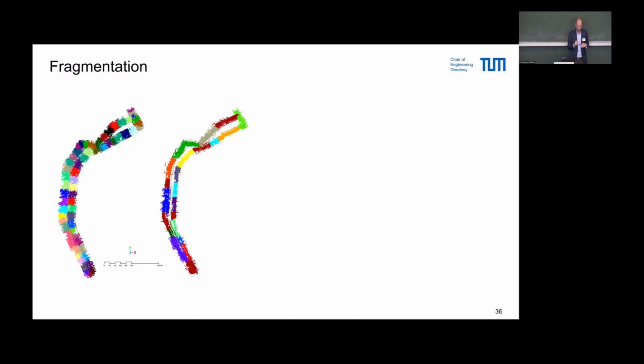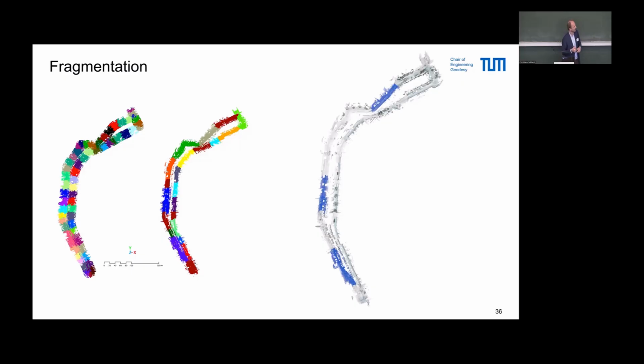So we thought about how can we determine geometric richness to bring the point cloud into fragments that make sense geometrically so that we can accurately align them to the city model or to the point cloud that already exists. So we have a certain method that tells us now, okay, here need to be larger segments, here can be shorter segments. So the segments are adaptively determined based upon geometric richness.